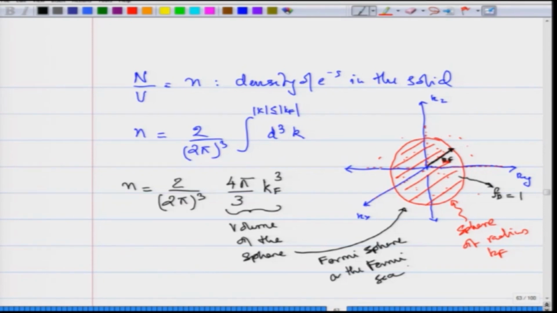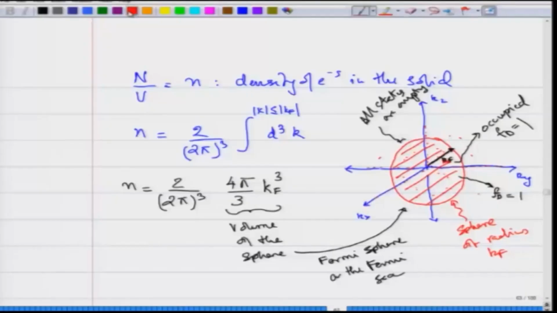Namely, inside this sphere all the states are fully occupied with the Fermi-Dirac distribution equal to 1, and outside the sphere all states are empty. So, the surface of the sphere distinguishes between occupied states and vacant states.